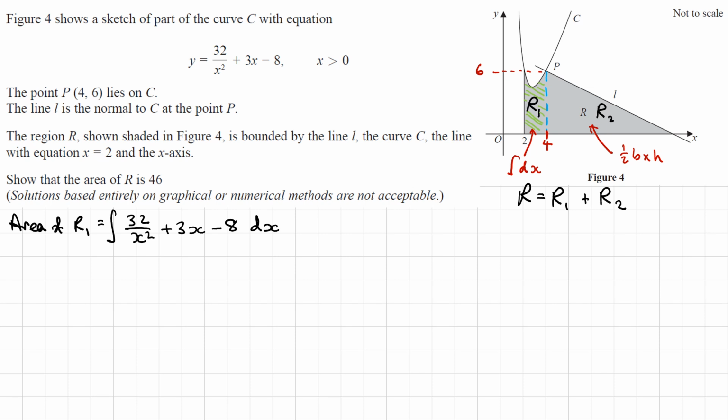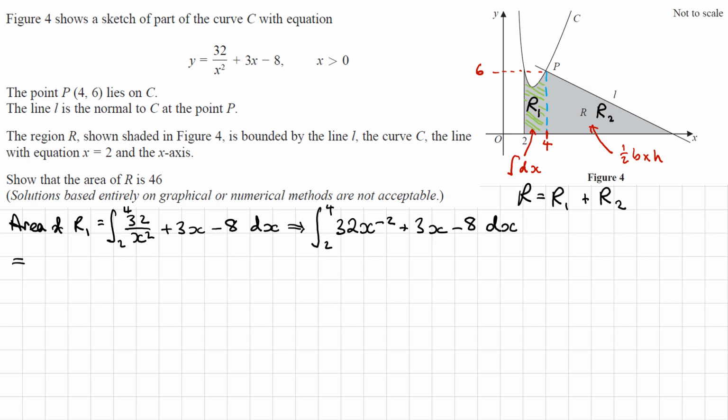So let's put my limits in of 2 and 4. Before I integrate, I want to write this 32 over x squared as 32 x to the power minus 2. I just find it a bit more straightforward integrating when it's written in that form, plus 3x minus 8 dx.